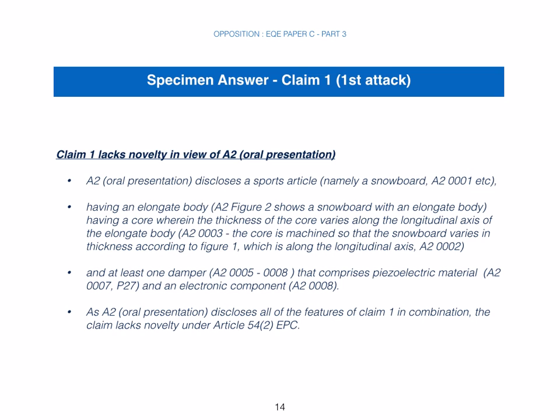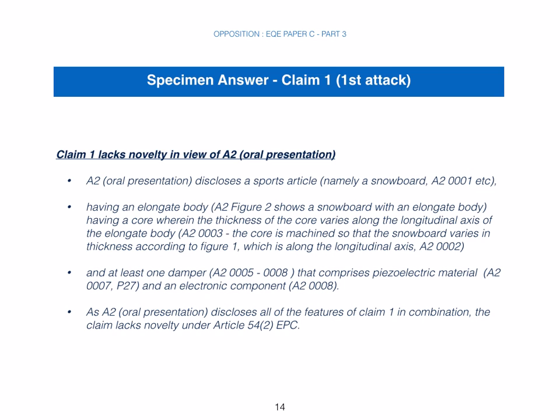Claim 1 lacks novelty in view of A2 oral presentation. To make this argument, you need to have Claim 1 visible and you need to have A2 open so you can import the successive features from your notes. Let's go.